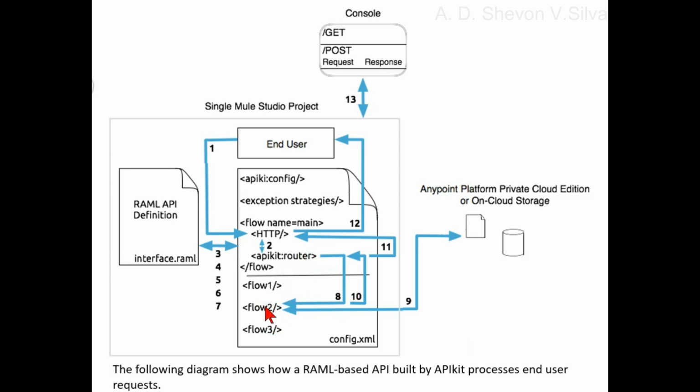In step 9, flow 2 processes the request, accessing a resource and acting upon data as required. In step 10, flow 2 returns a response to the router.